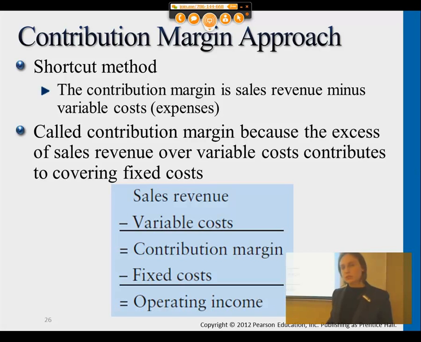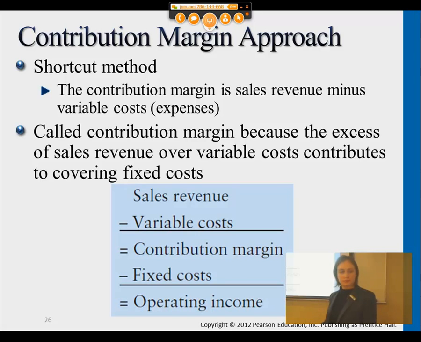So let's look at the contribution margin approach. As you see, it has very similar components in this big formula. The contribution margin is really a shortcut method. It's not as precise.